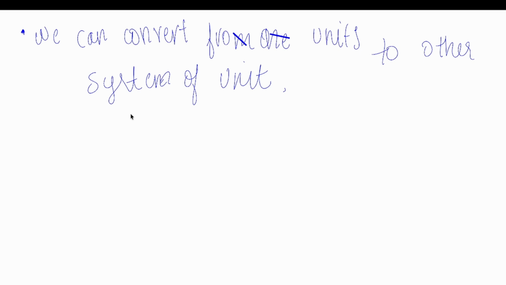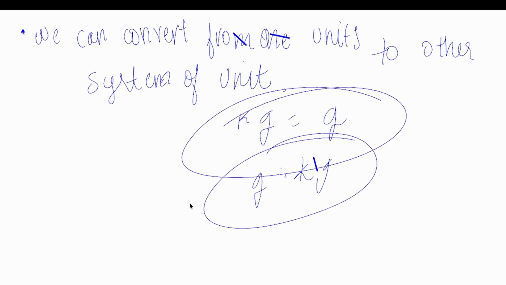I can convert from one given unit to the other given unit, like I can convert a kg into grams, grams back to kg, something like that. I can convert them back and forth.